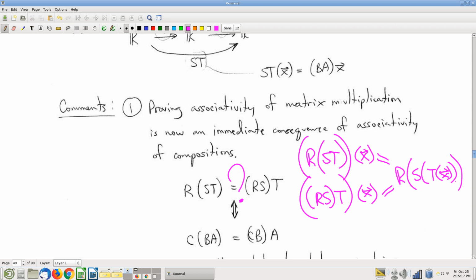Right? So I'm going to say it's kind of a freebie. That linear transformations multiply in an associative manner.